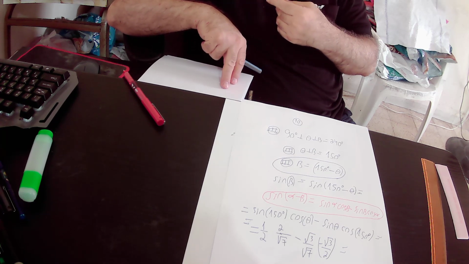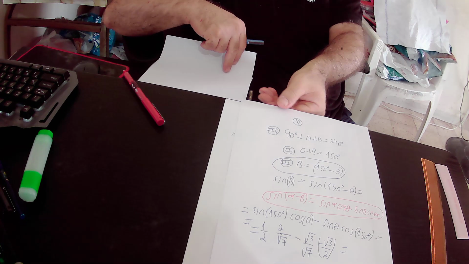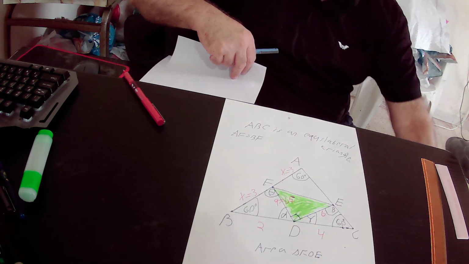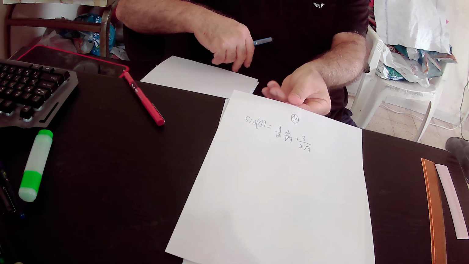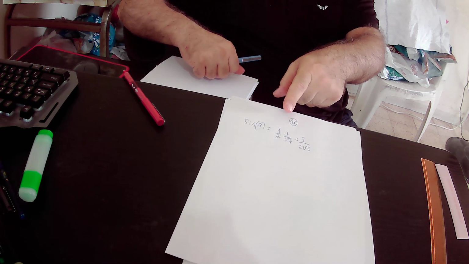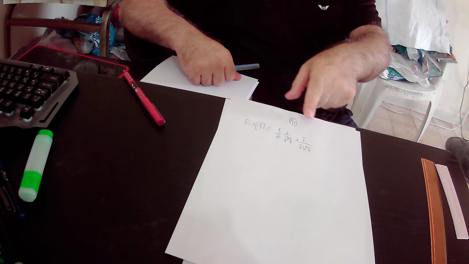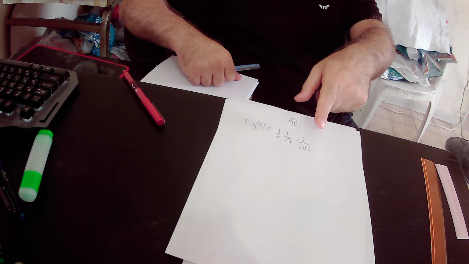Okay, so in total we got that sinus beta equals to 2 over root 7 plus 3 over 2 root 7.